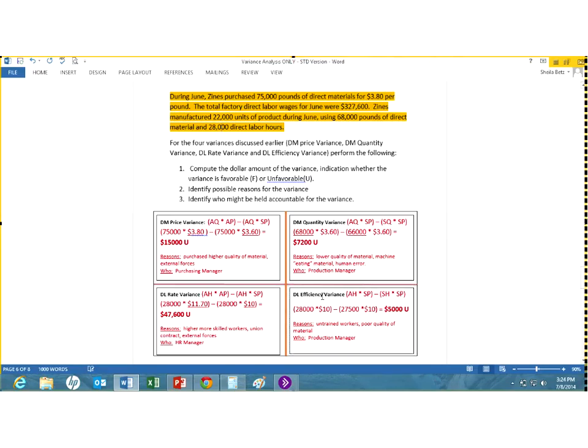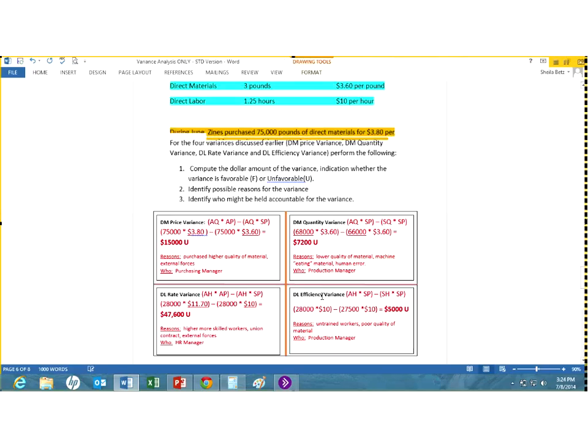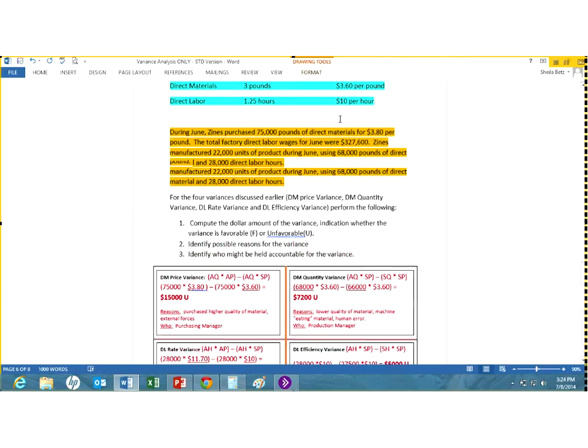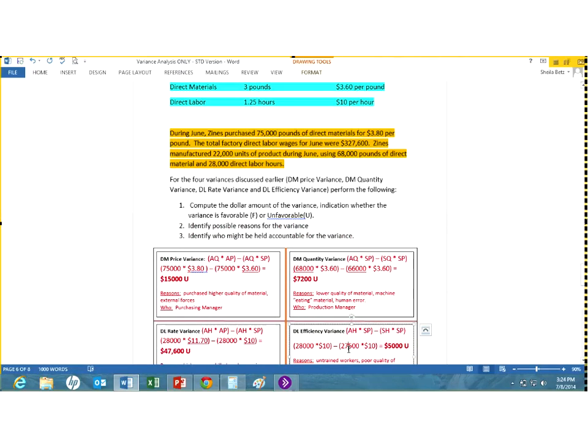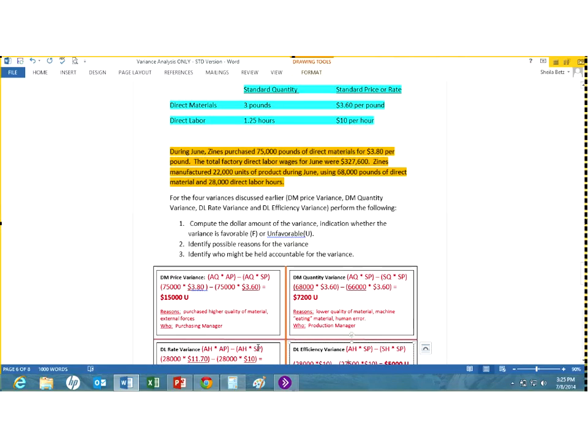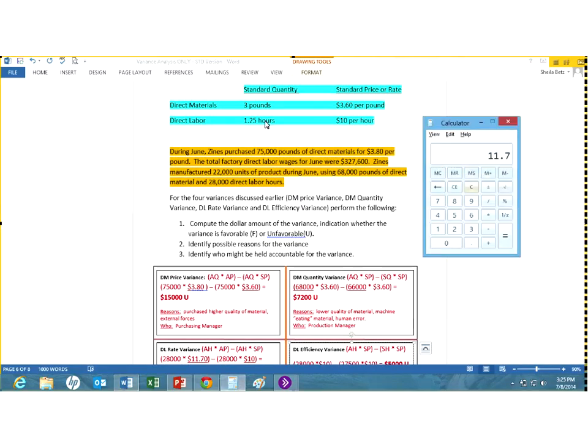So let's go up above. The actual hours worked were 28,000. And our standard price that they're expecting to pay is $10 per hour. Then we're going to subtract that by the standard hours. How many hours should they have worked? Well, we have to calculate this number.